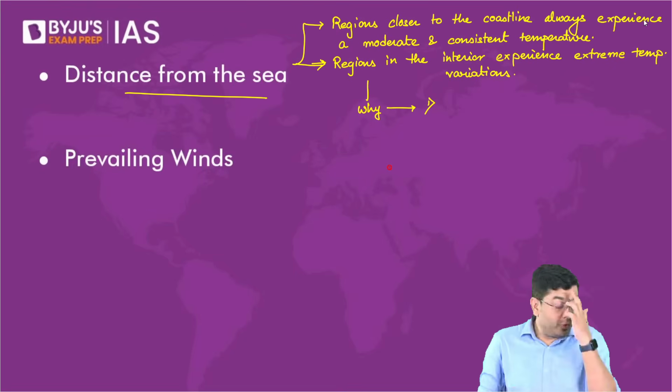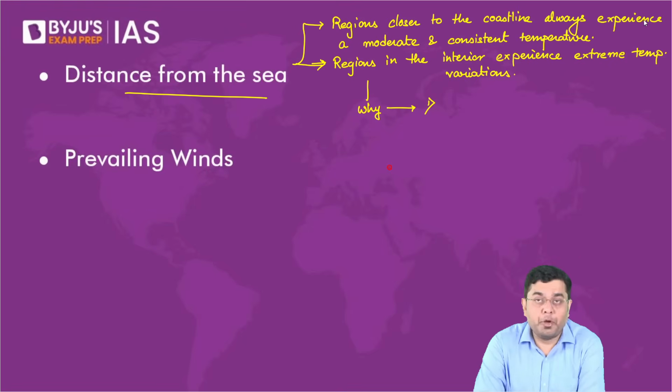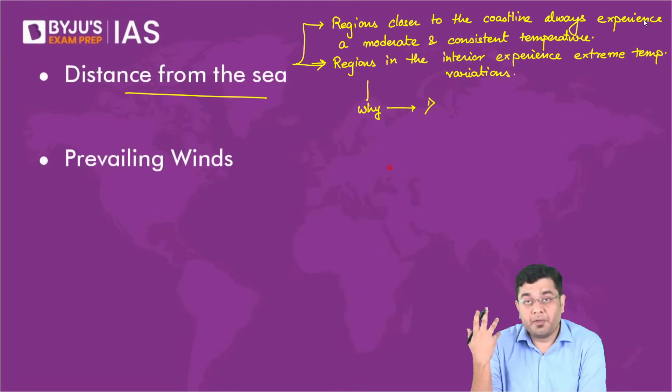Whenever I talk about marine influence, I always get a couple of candidates, living across the banks of Brahmaputra or Ganga, who give the example that, sir, from my area, it always appears as if River Ganga is like a sea or River Brahmaputra is like a sea. It is not at all similar. Always you will have the land and the sea breeze, which will end up influencing the temperature.